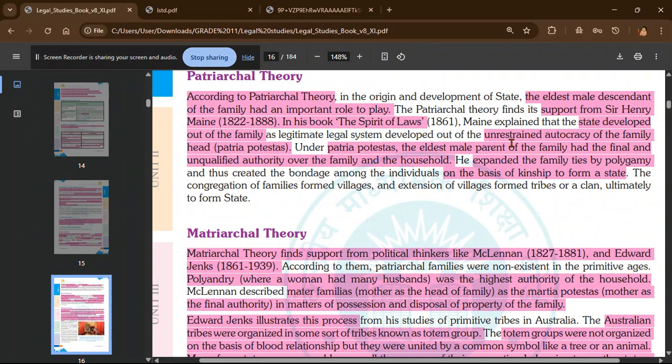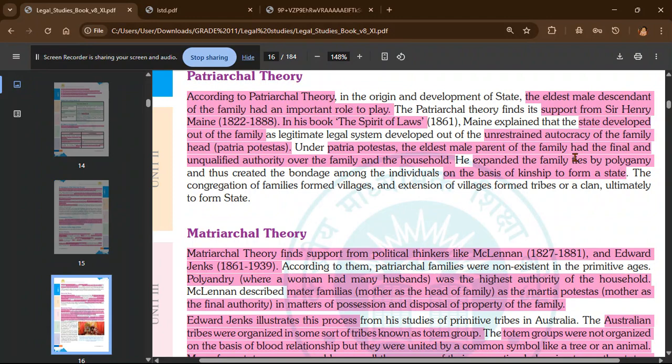So he expanded the family ties by polygamy. Polygamy is basically when a male marries a lot of women, where a husband has a lot of wives.